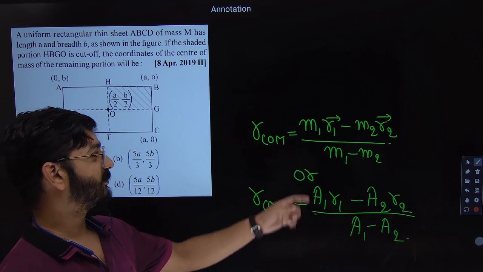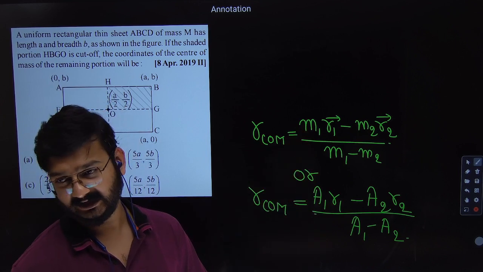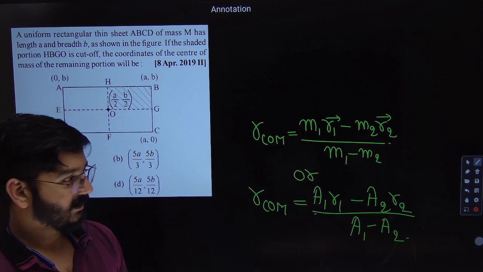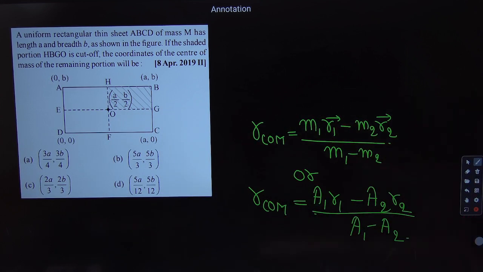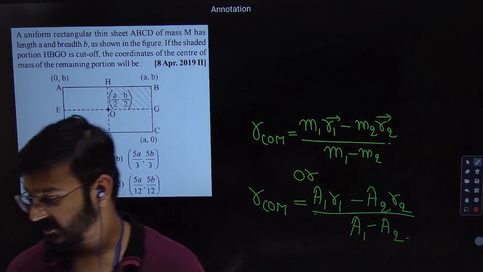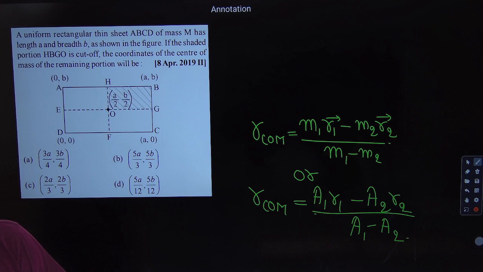So mass is replaced by area. All of you copy this and try to solve it.